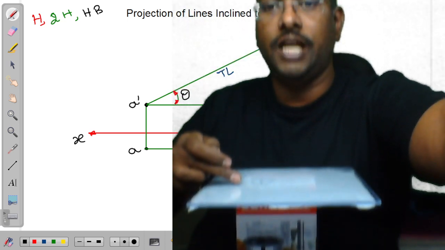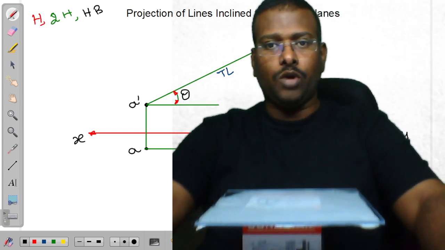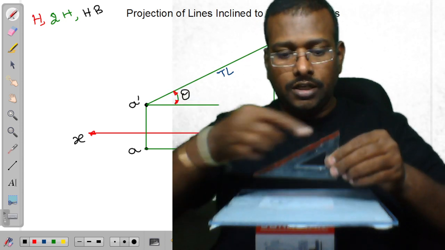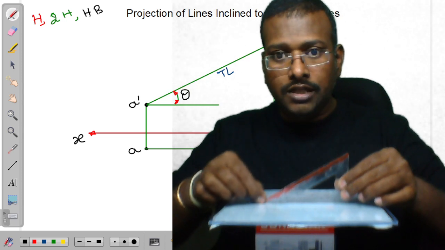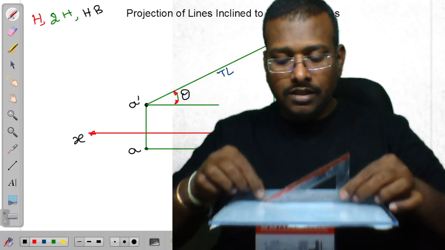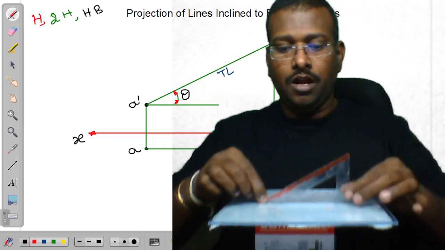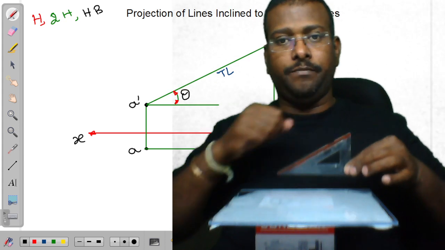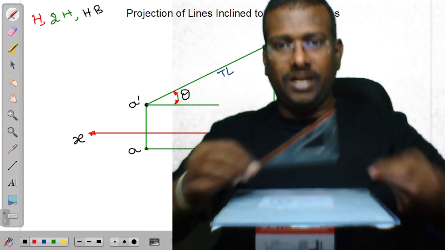Now consider this is the line. It is inclined to HP, am I right or not? This point is nearer and this point is away. This is A, this is B. The front view will fall inclined to the XY line. The top view is this; from here to here is the top view length.